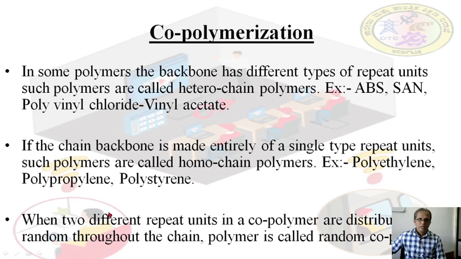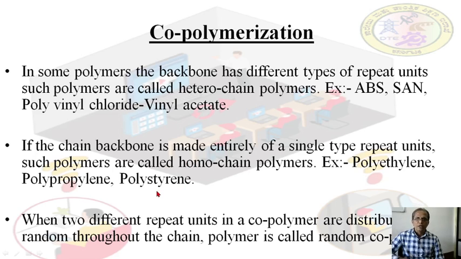Similarly, in polypropylene, only propylene will be there, one unit of propylene attached to another unit of propylene. In the polypropylene macromolecule, you can see a number of propylene repeat units. So a single type of repeat unit will be there in this type of polymers. Such polymers are called homochain polymers.